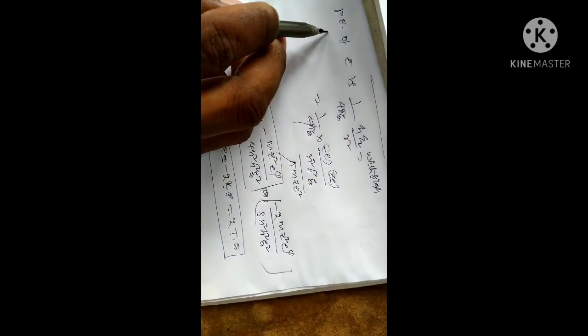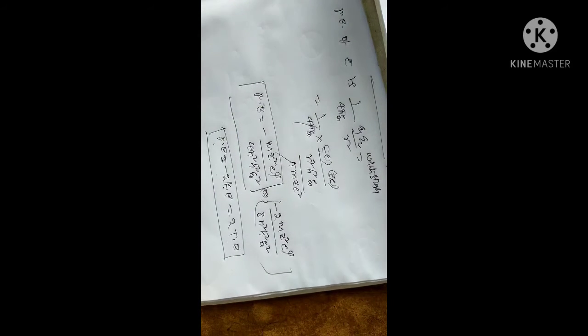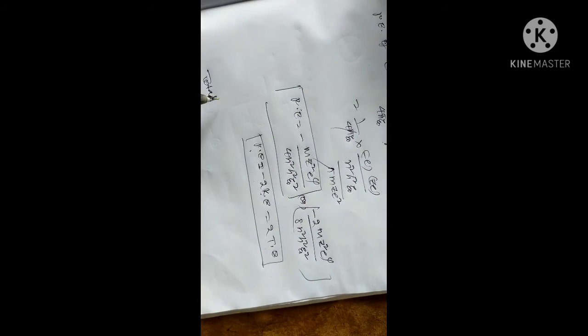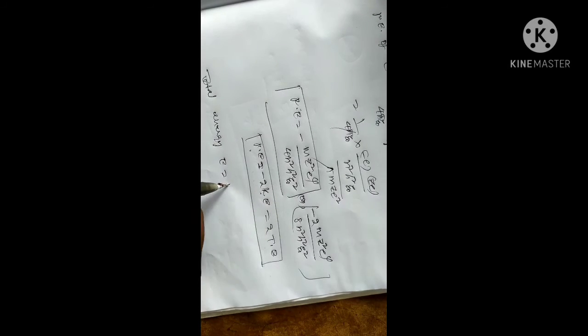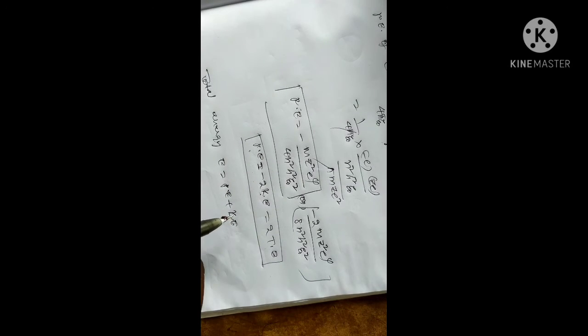Now the potential energy is there and the kinetic energy is there. The total energy E is equal to potential energy plus kinetic energy.